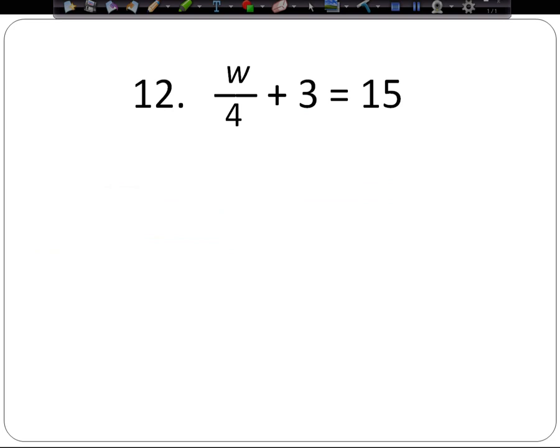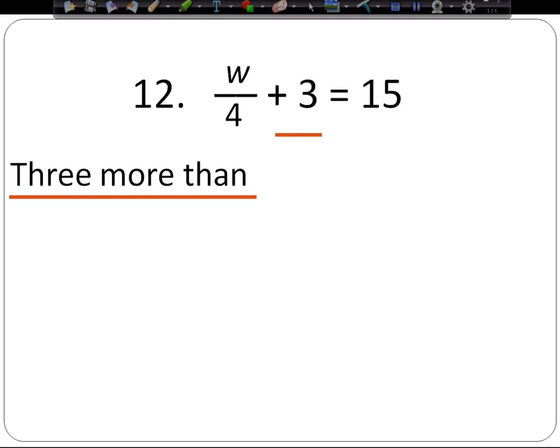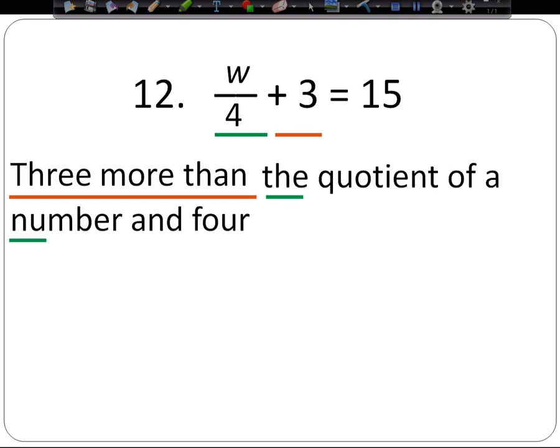All right, W over 4 plus 3 equals 15. Write that down before continuing on. We're looking at an addition problem, and we've written this here by saying 3 more than, so that's a turnaround word there, 3 more than the quotient of a number and 4.